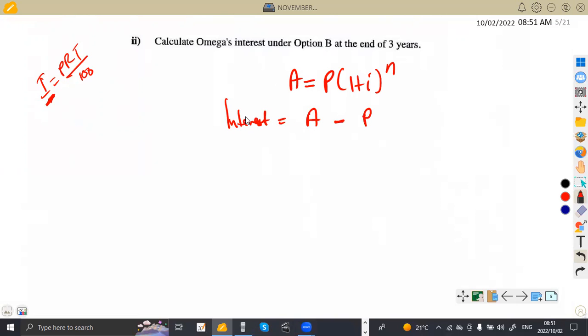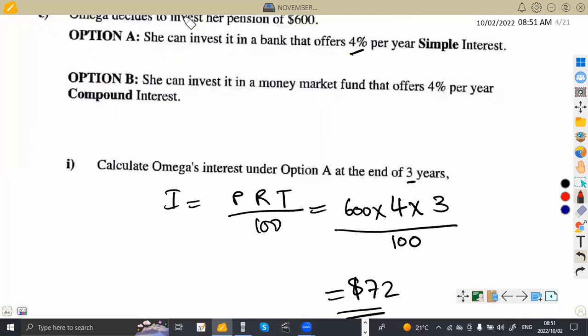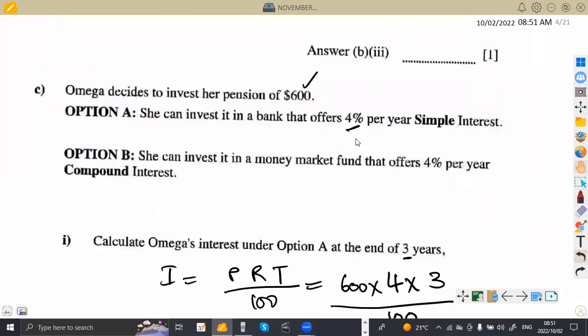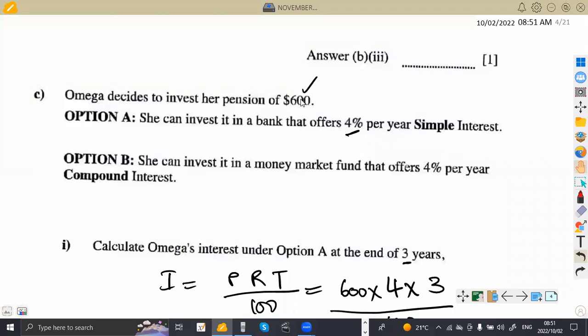This is not the interest rate. We are talking about interest, the money that you gain from the amount that you invested. So you take the amount, because this A is the total amount after your investment, minus the money that you invested, which is the principal. So we are supposed to calculate the amount first, because the principal is already given as $600.